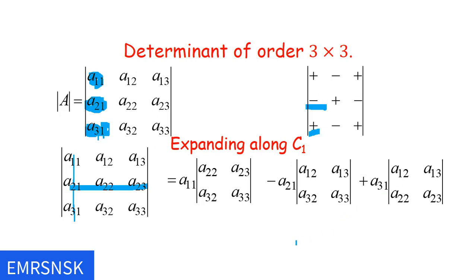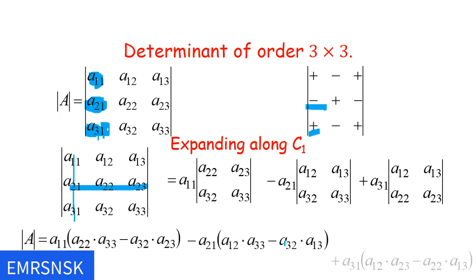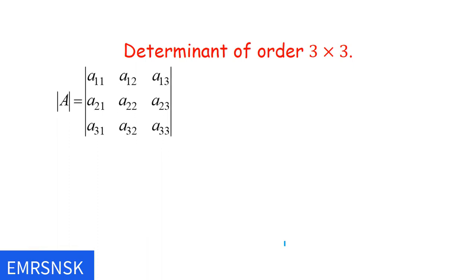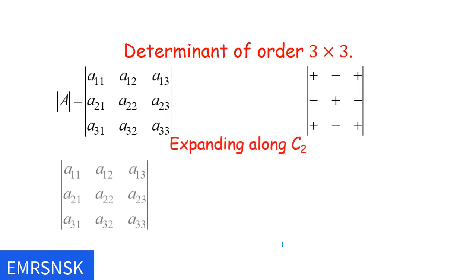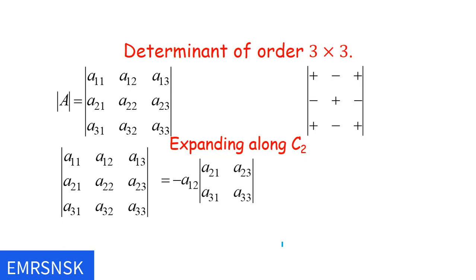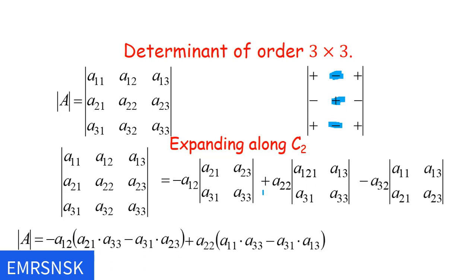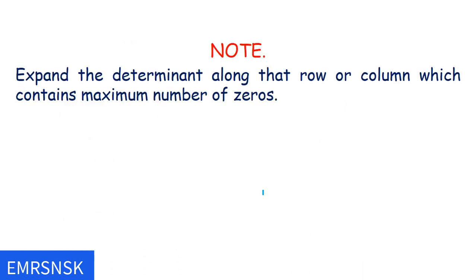After evaluating this, you will get the determinant value. Similarly, you can expand the determinant along C2 also, by considering the sign conventions minus, plus, minus. So this is the determinant of order 3 by 3.